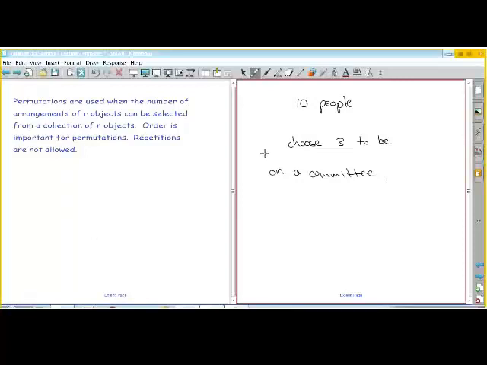Now, if you look at this particular case, if you have 10 people and we're choosing 3 people to be on a committee, how do we do that? Well, you look at it in a 2-step process. You look at how many ways you can arrange 3 people where order is important, and then you remove the order part from the equation. I'll explain what that means. Okay. So the first part is, let's say order is important. So first, we're going to worry about order.